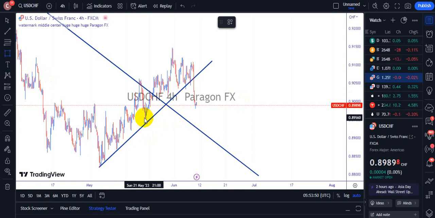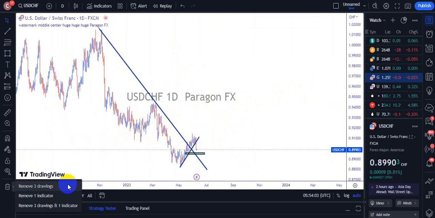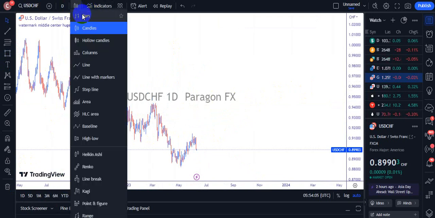This is the demand zone, this area. Market will come from this area. As come to the D1 time frame, remove it, come to the line chart.